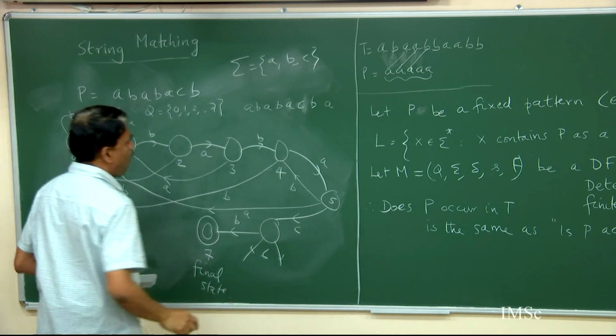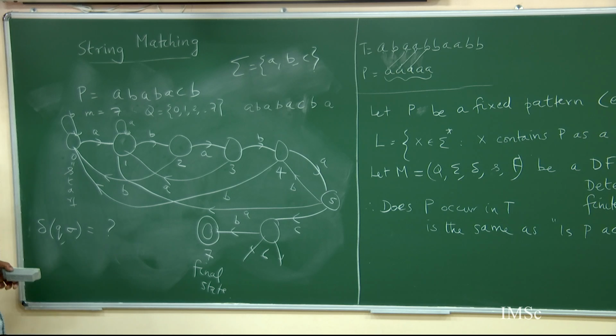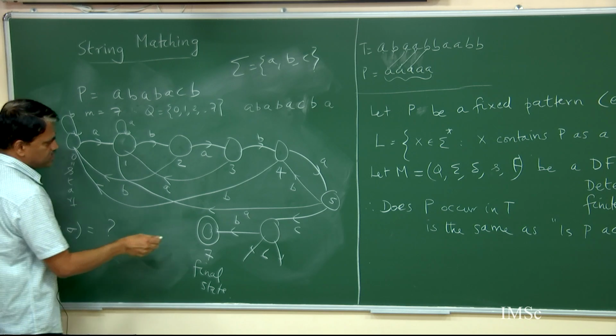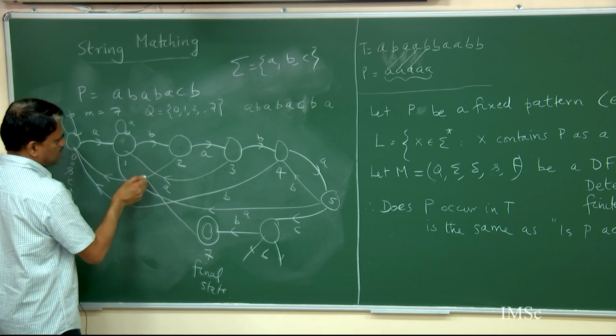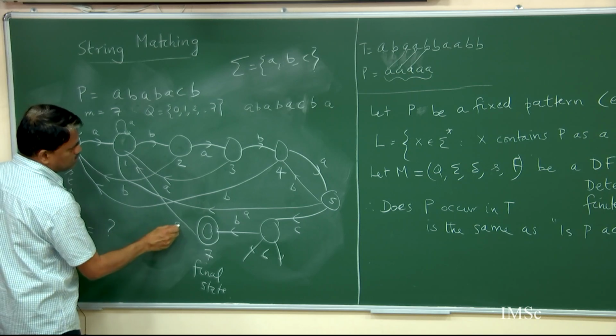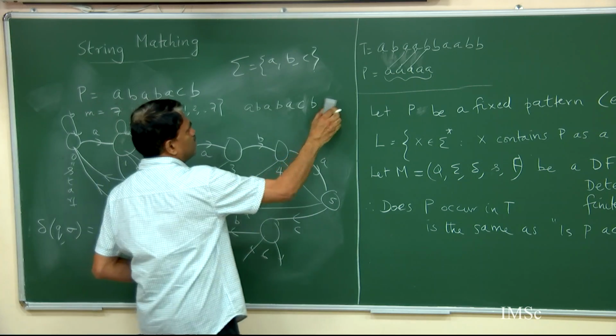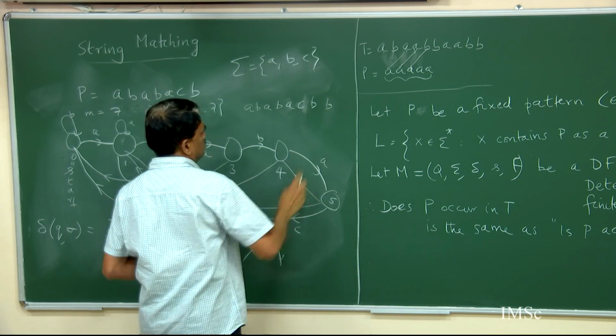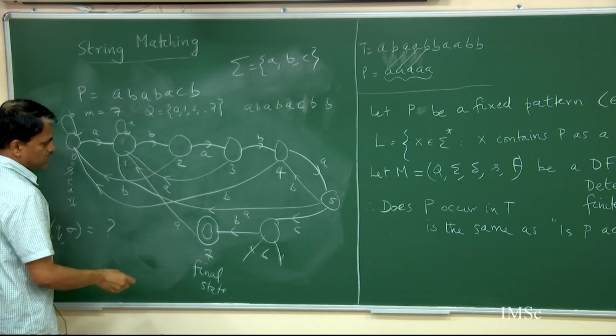What do I do? I go to 1 because I got a match, right, one match. And if I get a B, go all the way to 0, right.